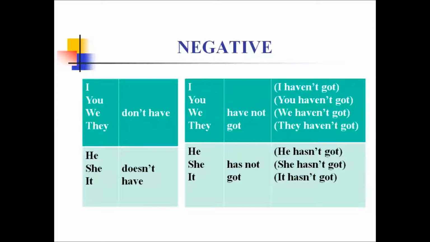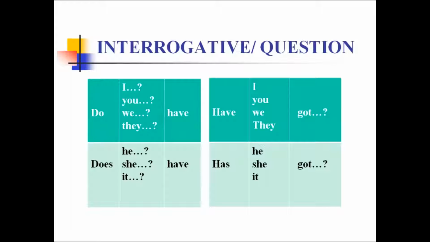Besides the affirmative form and the negative form, we have another form called interrogative or the question form. The interrogative form is used to ask questions. In order to make the interrogative form, you use do I, and here you say do I have. The question mark is at the end after have.